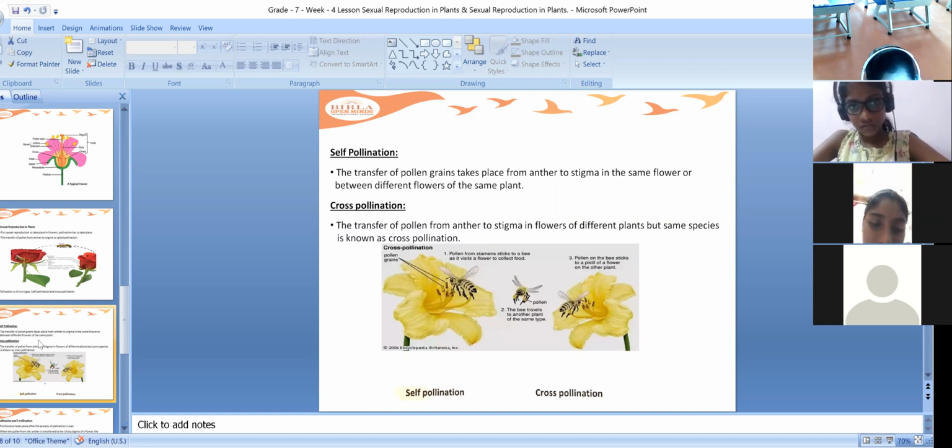They must be of the same plant, different flowers but of the same kind.